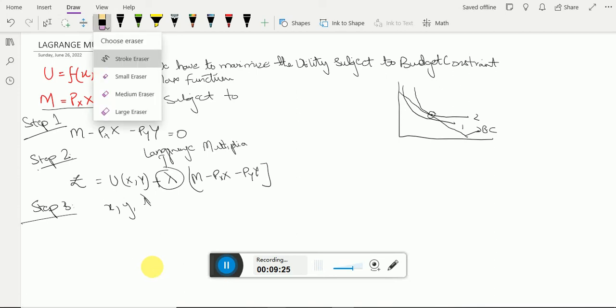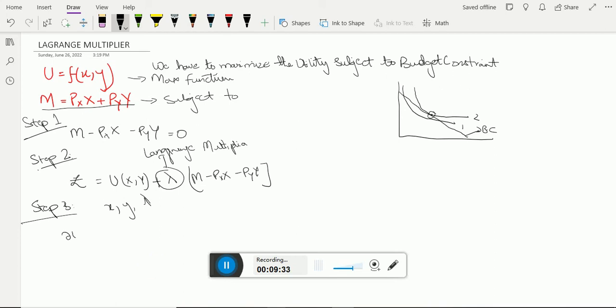So we write here the derivative of Lagrange with respect to x. We can say the derivative of utility with respect to x, because there is x in it, and minus.